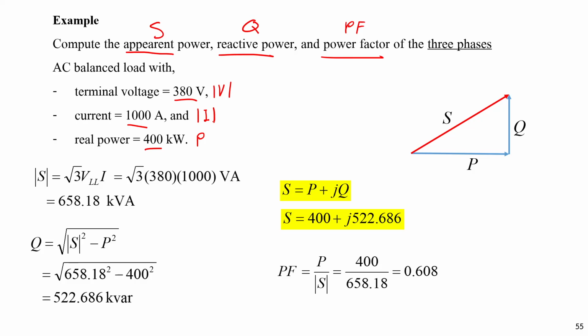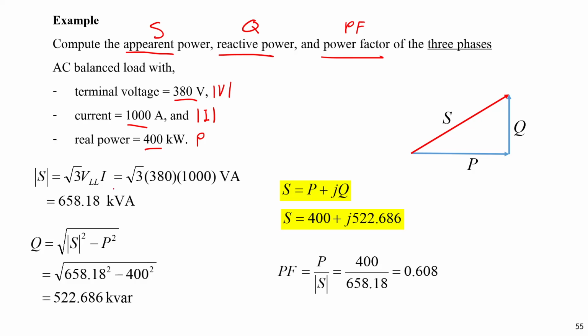Usually when you measure the voltage and current, for example in the laboratory, with a voltmeter you get only the magnitude value, you don't know the phase angle. Similar for the current, we know only the magnitude. And we can measure the power in terms of watt. This is the information that we can usually measure in the factory or in the AC system. But the phase shift is there between these three values.